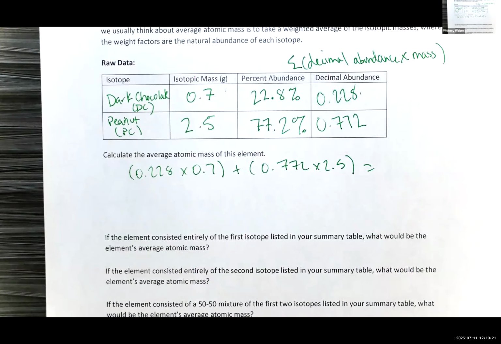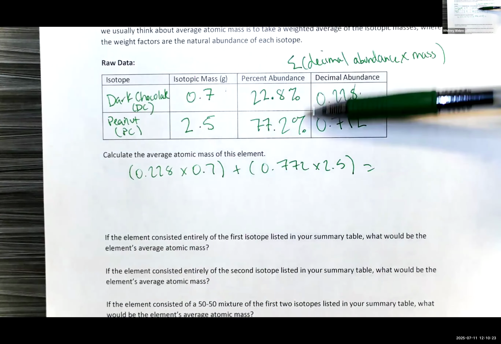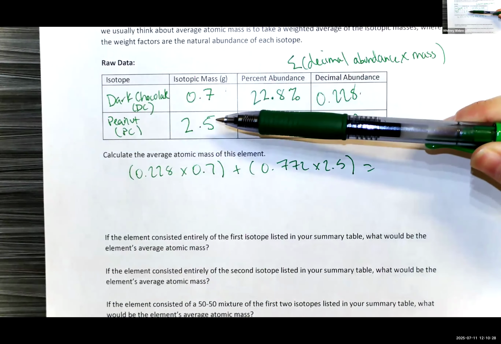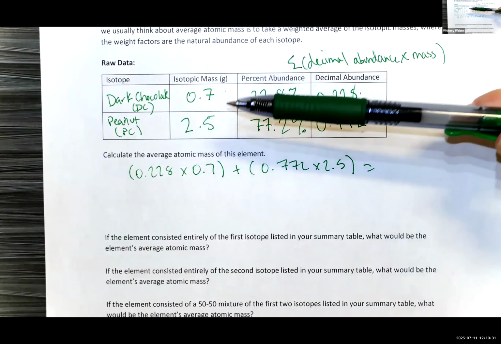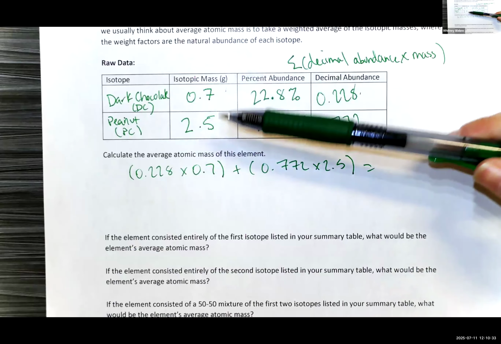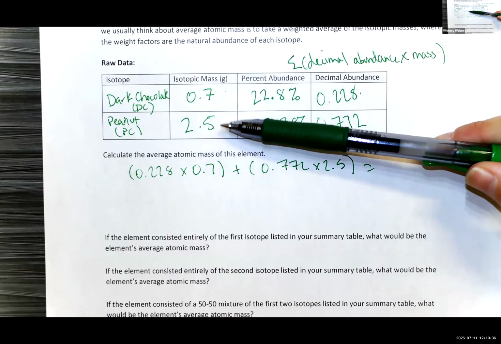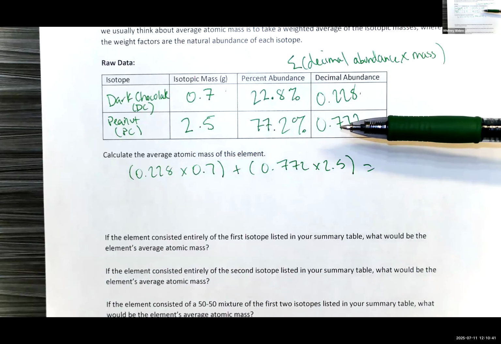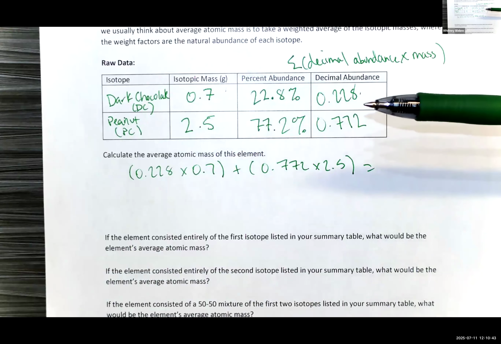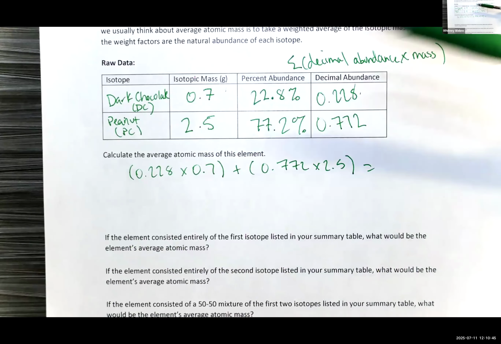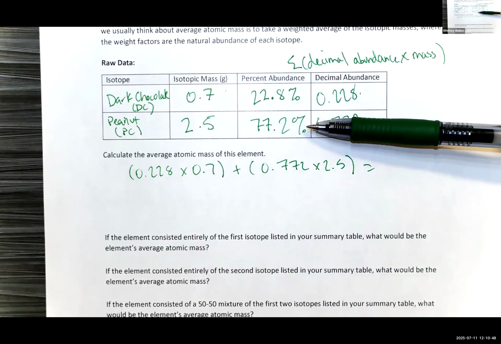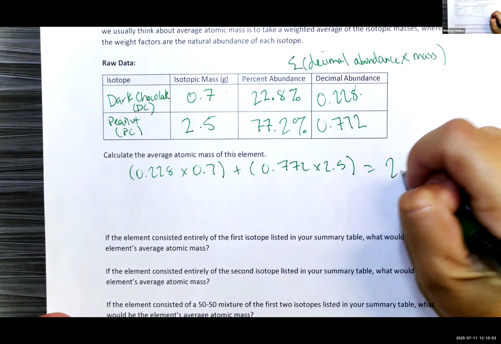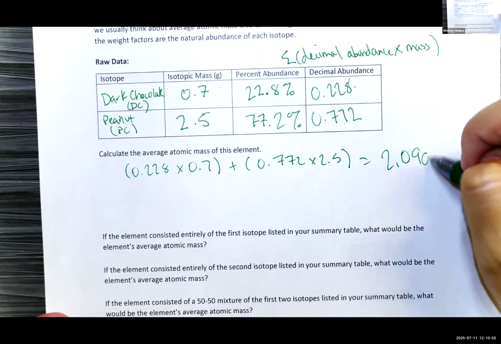You might have a different number if you're in person, but look at the percent abundance compared to mass. So if this one is majority going to be the peanut M&Ms, I assume, oh yes, I got that too, Fernando. I assume that our answer should be closer to the peanut isotopic mass than the other one. So that's another way to also use your evaluate when you're doing this, is to say like, what makes most sense? So if percentage wise, it's majority of the 2.5, then I expect the answer to be much closer to that number. So I got 2.09 grams too.